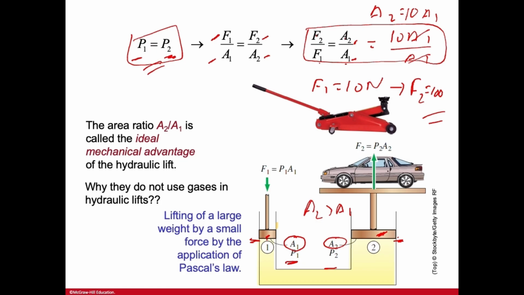But even somebody like me can use a hydraulic jack and easily lift a car without any problem at all. And the whole principle is based on Pascal's law here. So this ratio of the cross-sectional areas of the pipes or the pistons that leads to an increase in net force is called the mechanical advantage or ideal mechanical advantage.